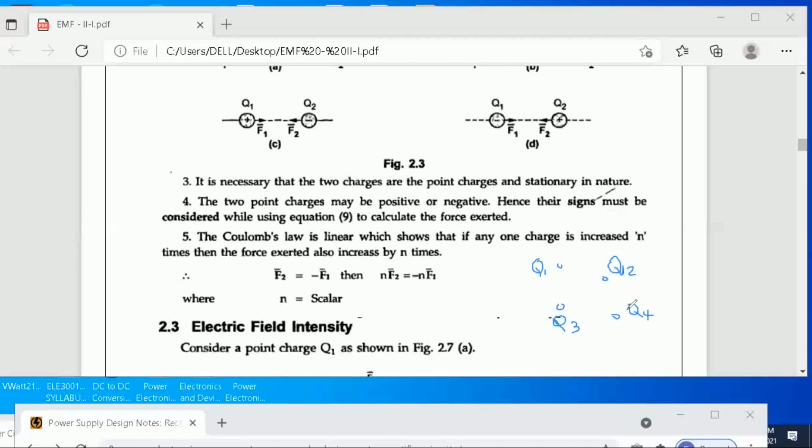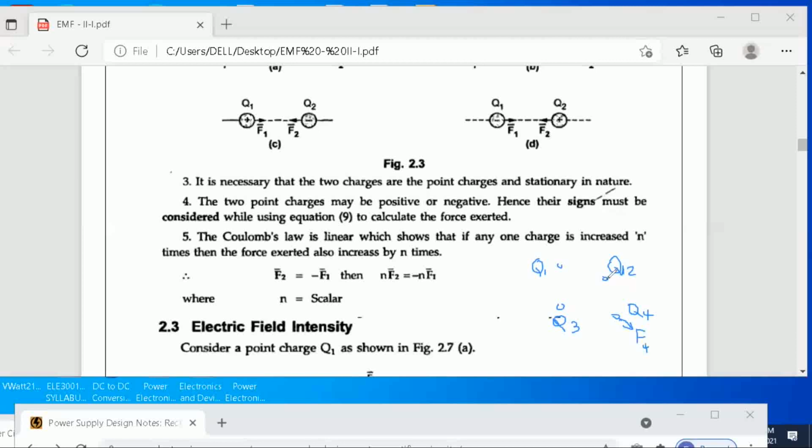The force on Q4 will be the sum of the forces exerted by each of the other three charges on Q4.